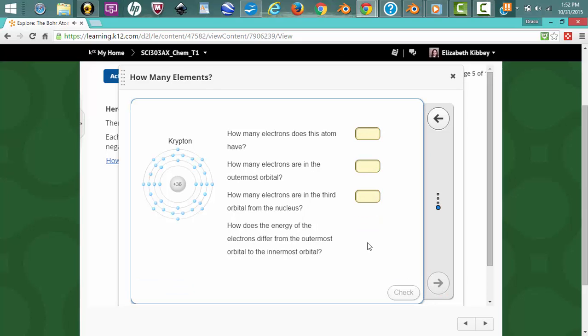Last one. Krypton. How many electrons does this atom have? 36. How many electrons are in the outermost orbital? 1, 2, 3, 4, 5, 6, 7, 8. 8 of them. How many electrons are in the third orbital from the nucleus, which would be this one?